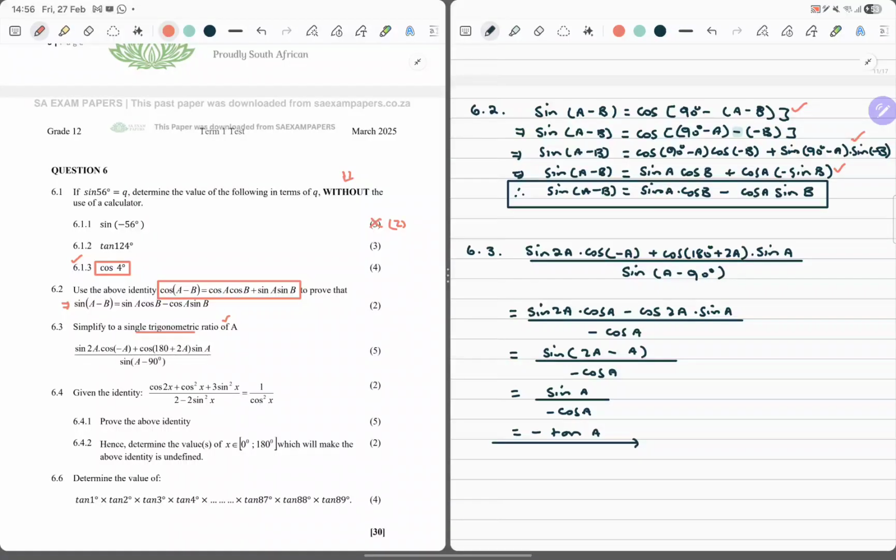Again, you can check here by choosing a value for a and see what minus tan a gives you. You go into the expression, substitute the value that you chose for a, put it on the calculator and see if you get the same answer. Please don't leave these questions without checking. Because guys, you lose marks over silly mistakes.